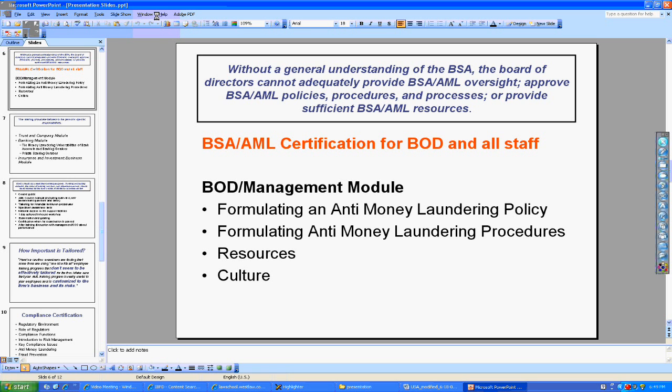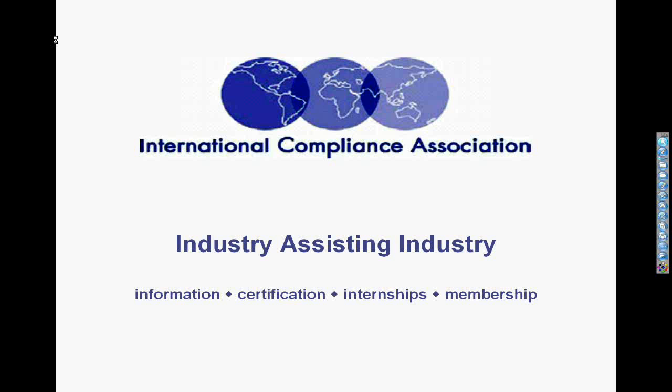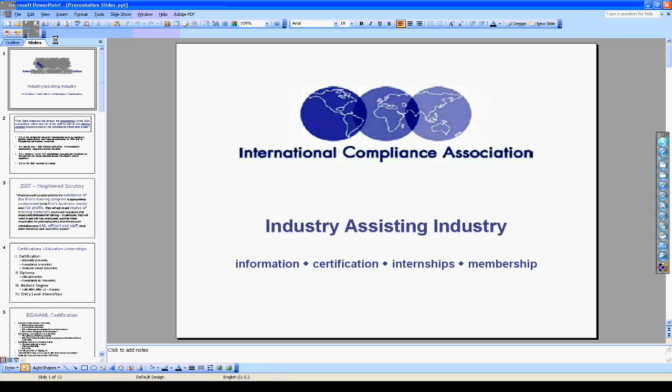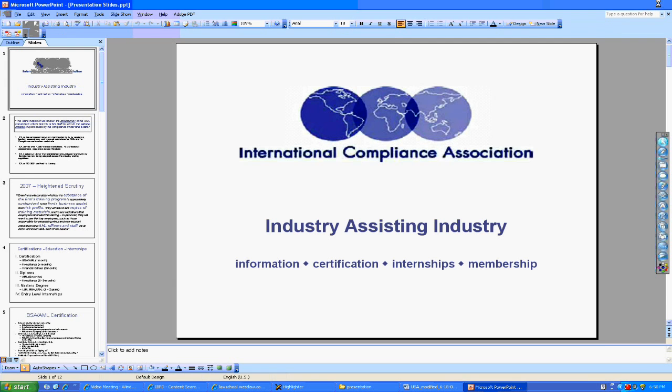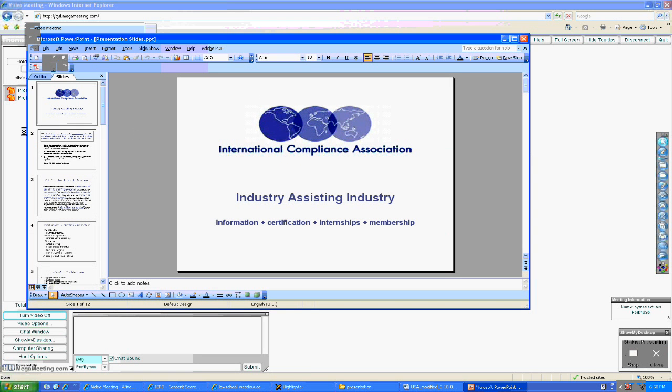So if I were to, by example, go ahead and view my slideshow in this frame, it'd be taking up my entire screen just like this. However, something that's just as interesting is to minimize my slideshow.